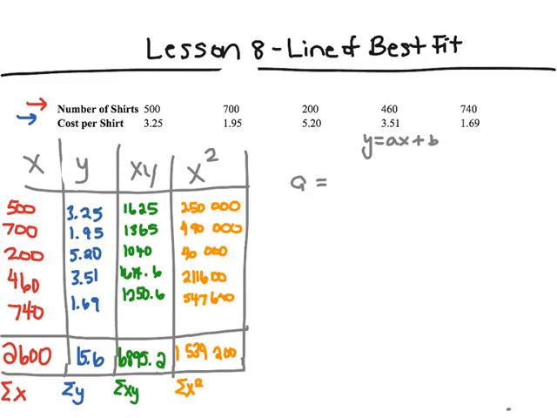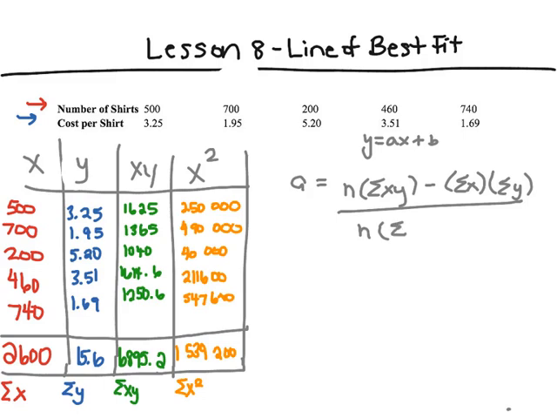A is n times the sum of xy minus the sum of x times the sum of y, over n times the sum of x squared minus the sum of x, and that is squared. So now we're going to just plug all these numbers in.